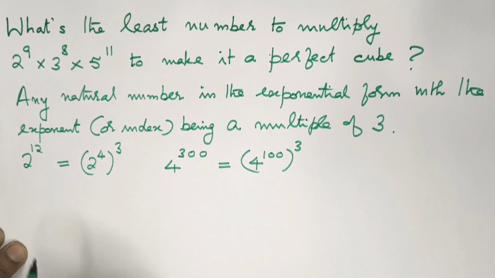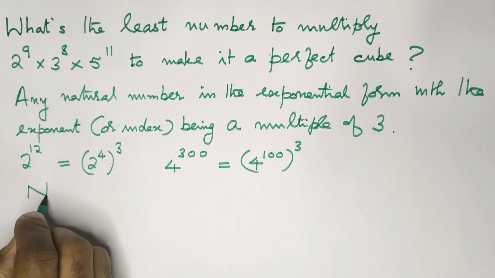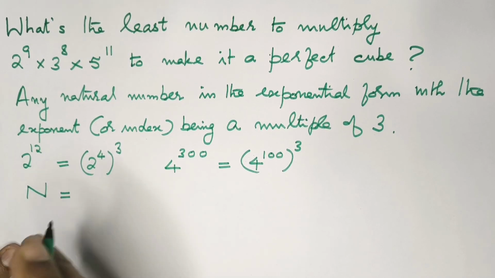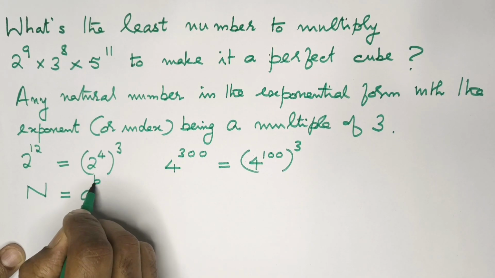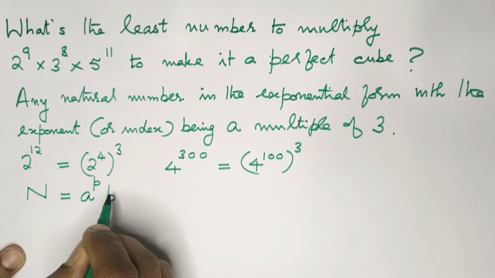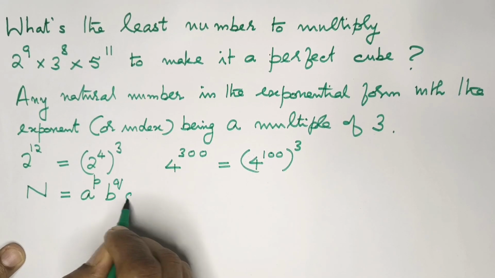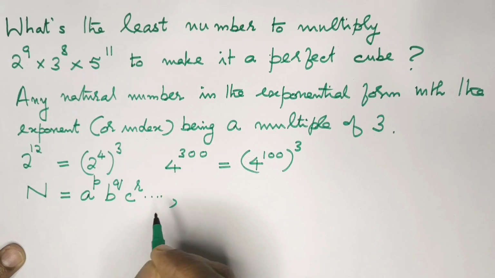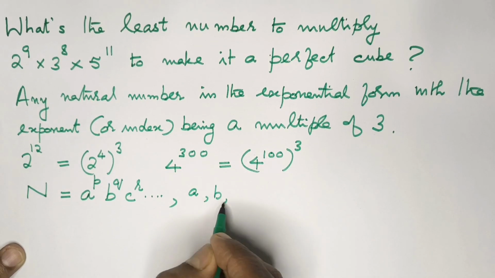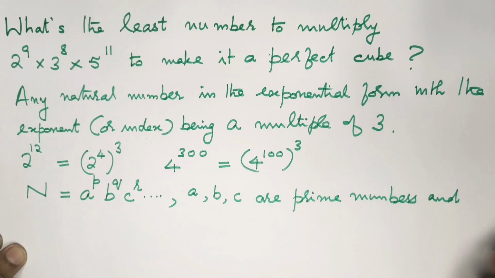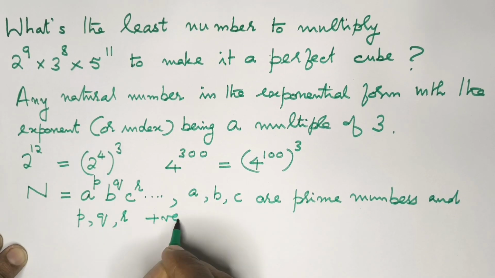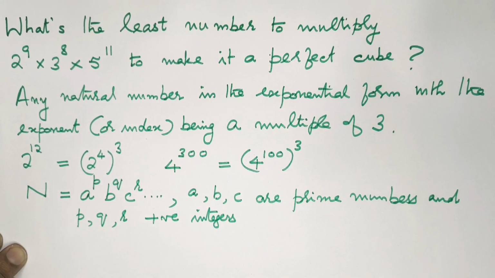Given a big number, say supposing you are given a natural number n. As you know, every natural number is expressible in the form a to the power of p, b to the power of q, c to the power of r, where a, b, c are prime numbers and p, q, r are positive integers or natural numbers.